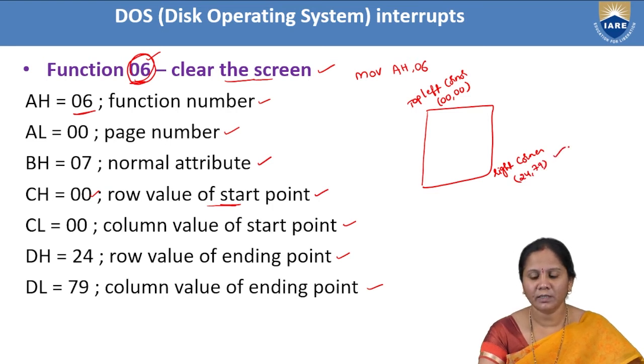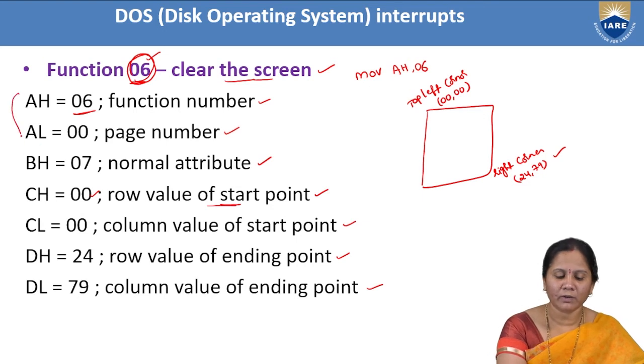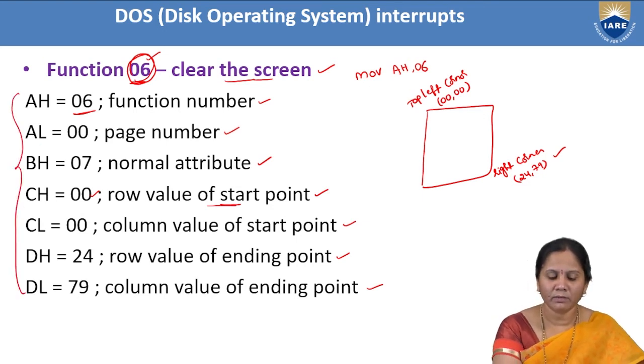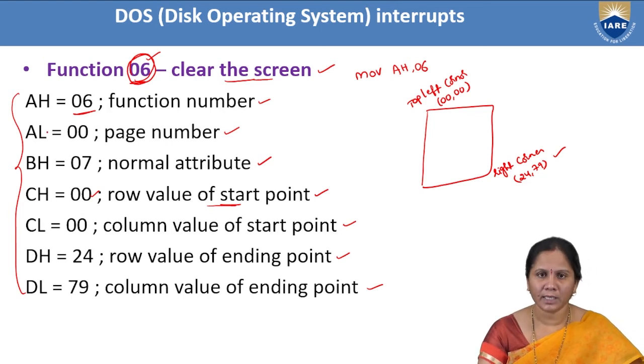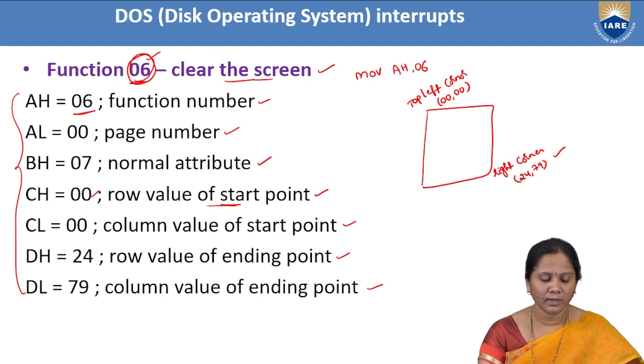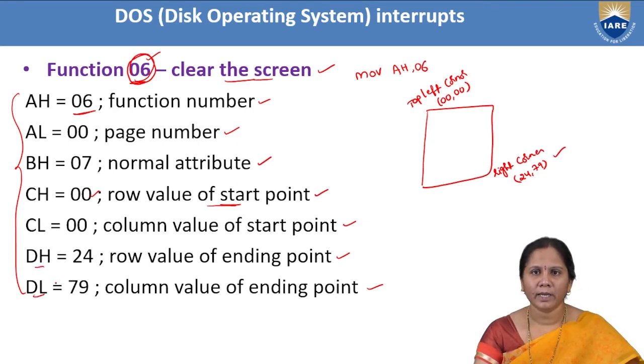We have to load these values into all these registers. AH and AL belong to the AX register, and BH to the base register. CH and CL are related to the CX register, the counter register. DH and DL are related to the DX register. To perform this function, the proper values should be loaded into the proper registers.